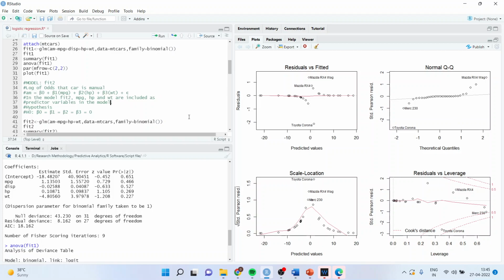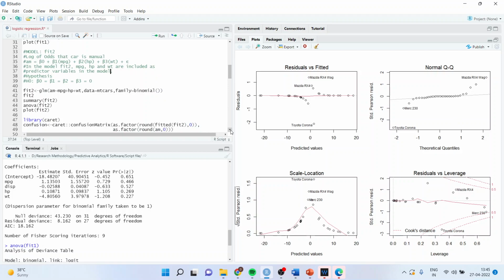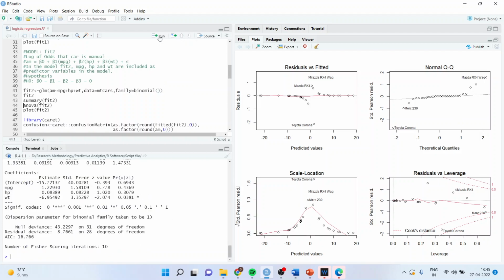Null hypothesis: the coefficients of all these variables are insignificant or equal to 0. I am dropping displacement from here and running it. Now what I get is the p-value of the weight has become significant, or rather the p-value is less than 0.05, and therefore I can say that the weight is significantly contributing in deciding whether the car should be automatic or manual. But how to interpret this?